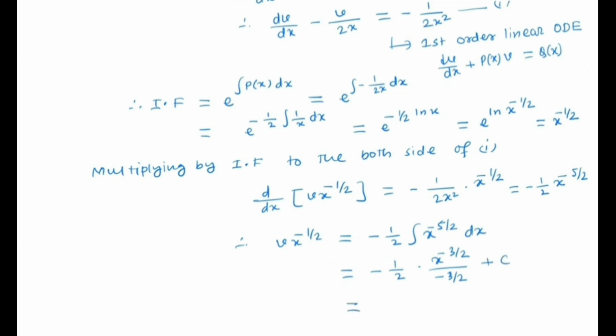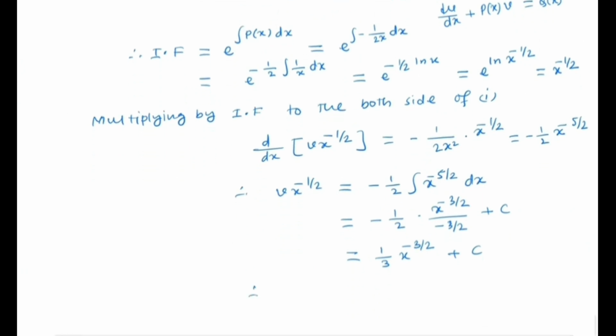By simplifying, we get 1/3 x^(-3/2) + c. So what is v? v is nothing but x^(1/2) into (1/3 x^(-3/2) + c), which is 1/3 x^(-1) + c x^(1/2).